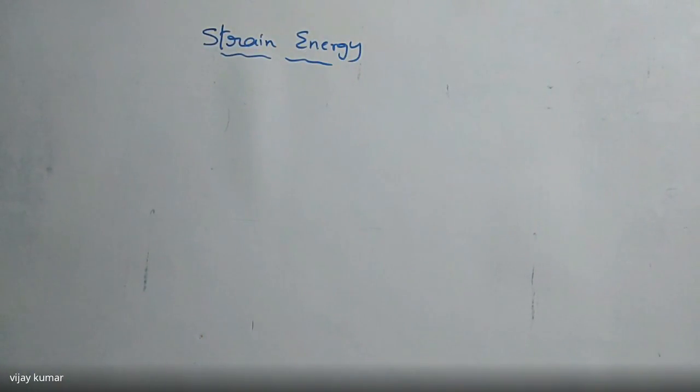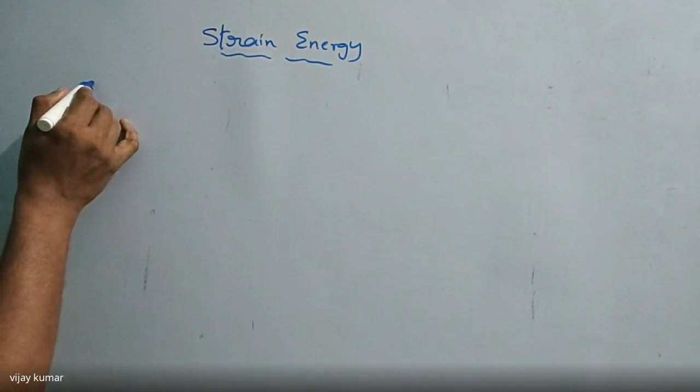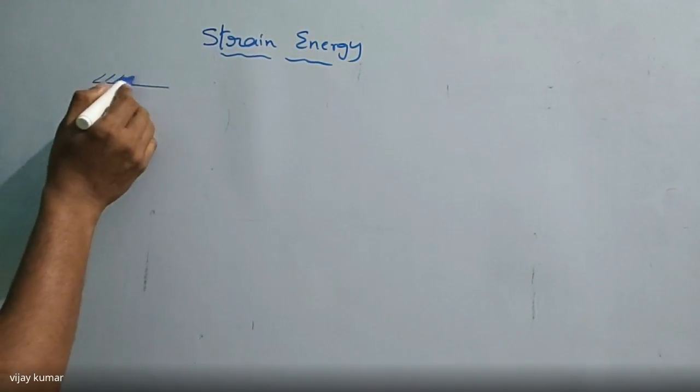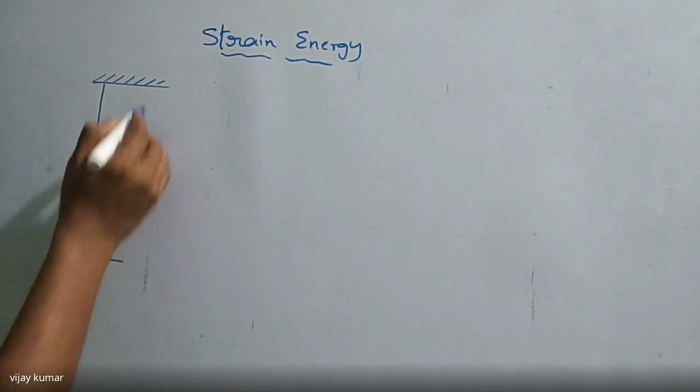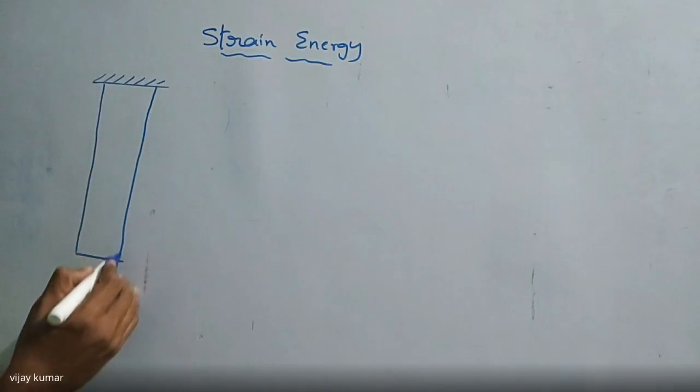When we apply any external force, then we get strain in a material. So when a body is under strain, for example, I am taking a bar here. This bar has a length, one side is fixed and the other end is free.